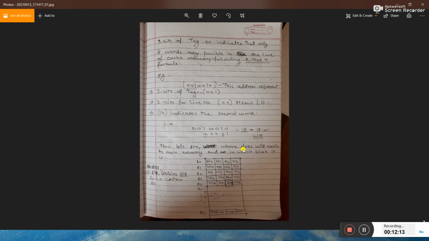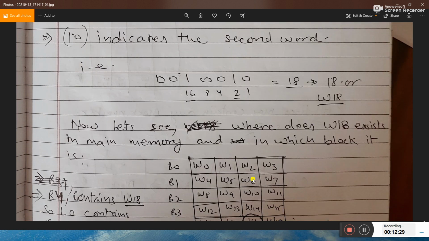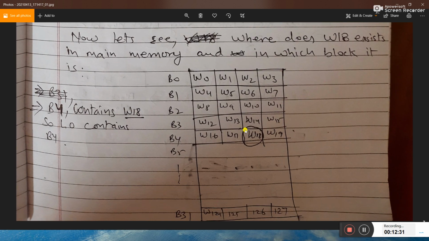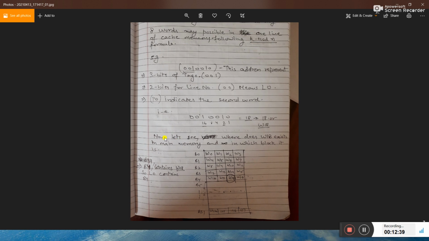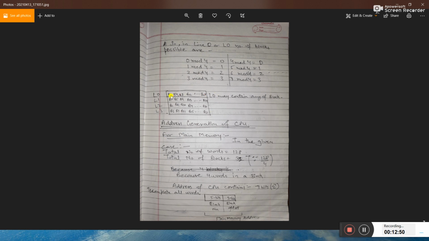Okay, so now let's see where word 18 exists. So word 0, word 1, word 2, word 3, word 4, word 5, word 6, word 7, and so on, and word 18 exists here. I am just zooming it. Now you can see here that word number 18 is in block number 4. So where can block number 4 exist? You know that it can exist in line number 0, right? I have just told you that block number 4 can exist in line number 0, B0, B4.